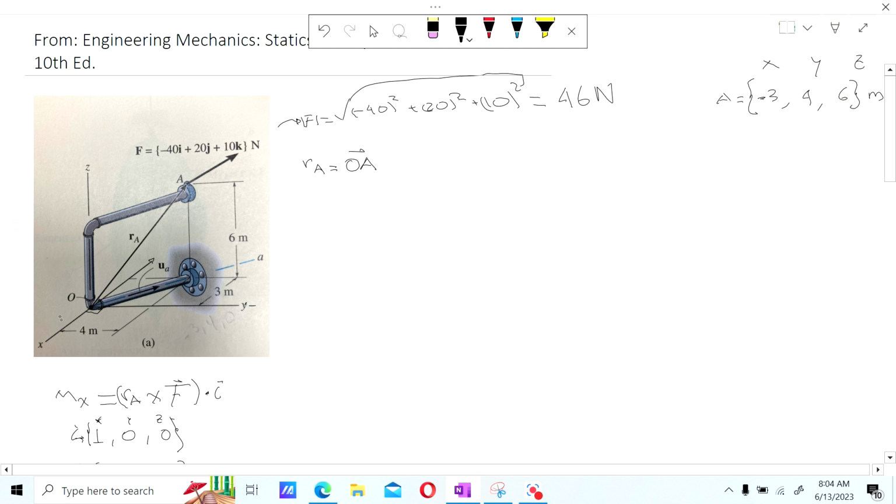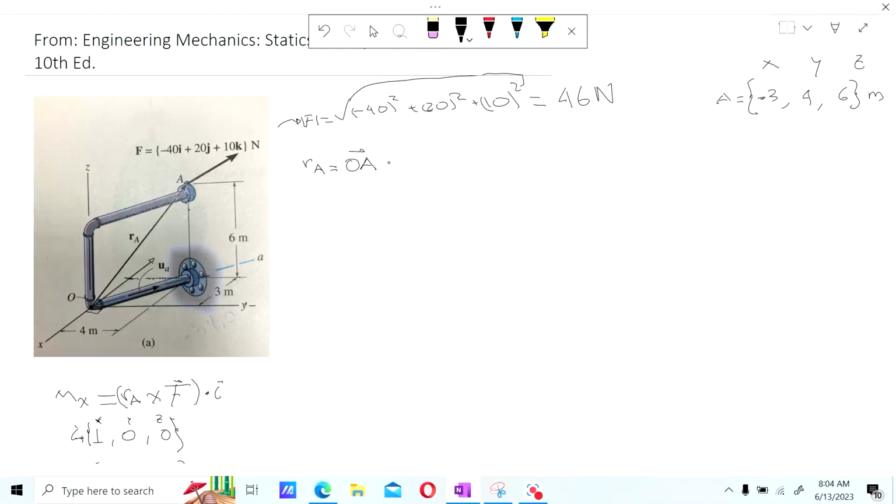Okay, so if you notice, this point with respect to x is located at 4, negative. Sorry, I'm looking at the wrong one. This is the distance at x, right here. Negative 3, y is positive 4, and z is positive 6.